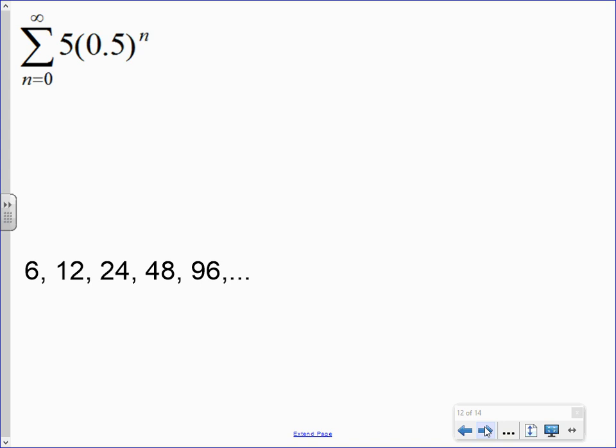It looks slightly different, but notice how n is beginning at 0, and so we have the power of n instead of the power n minus 1. Okay? Is our common ratio less than 1? Yes. Okay?